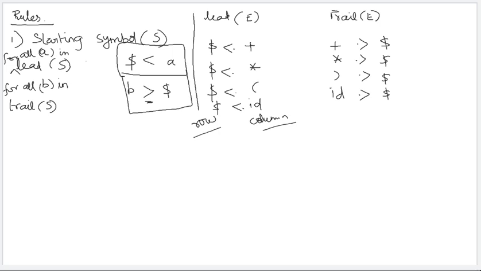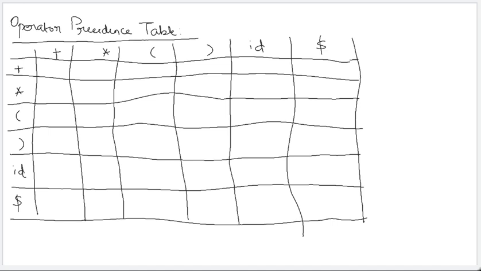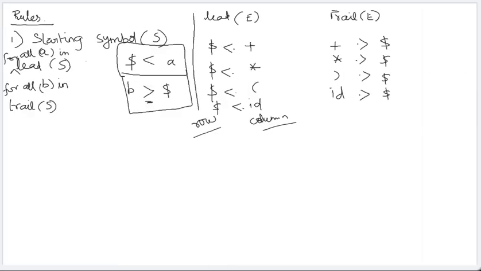That's the first condition. So check the row dollar: it has lesser precedence to plus, to star, to open bracket, and to ID. Okay, so this is the first thing which we have identified.